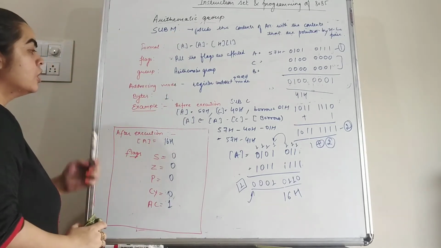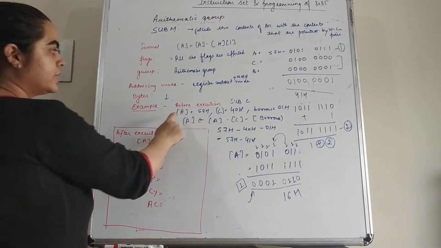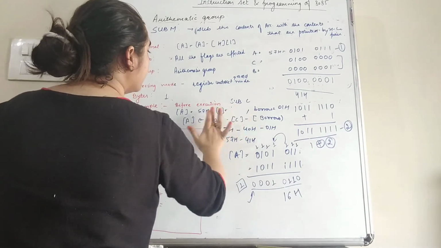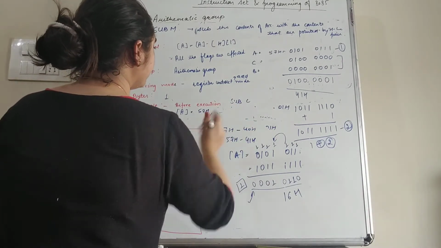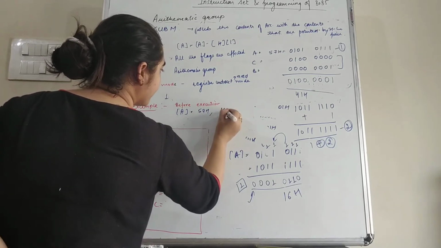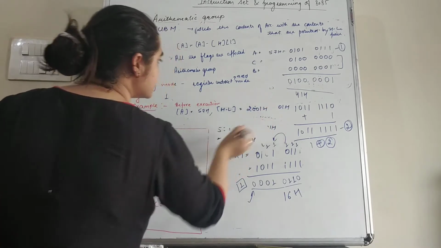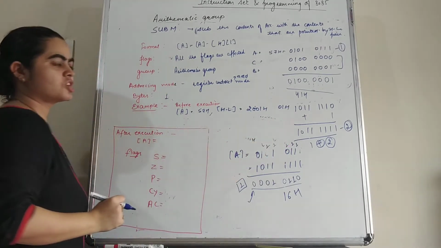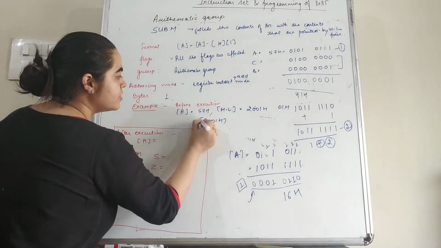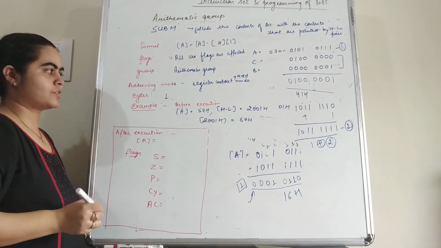Now students, for this we can take an example. Suppose again we have the contents of the accumulator as 57H, while we have a memory location given by HL, that is 2001. So the memory location is 2001, and at 2001H we have the value 67H stored.